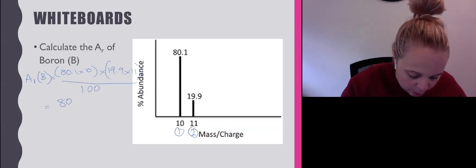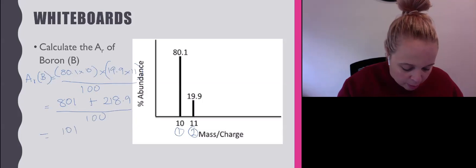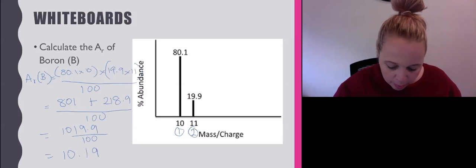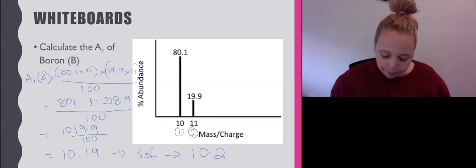So I'm going to show my workings. 801 plus 19.9 times 11 is 218.9. Add them together, it equals 1019.9. Divide by 100, and we end up with our A_R of boron being 10.199, but I've only got 3 sig figs, so it should be 10.2. And there's your A_R of boron.